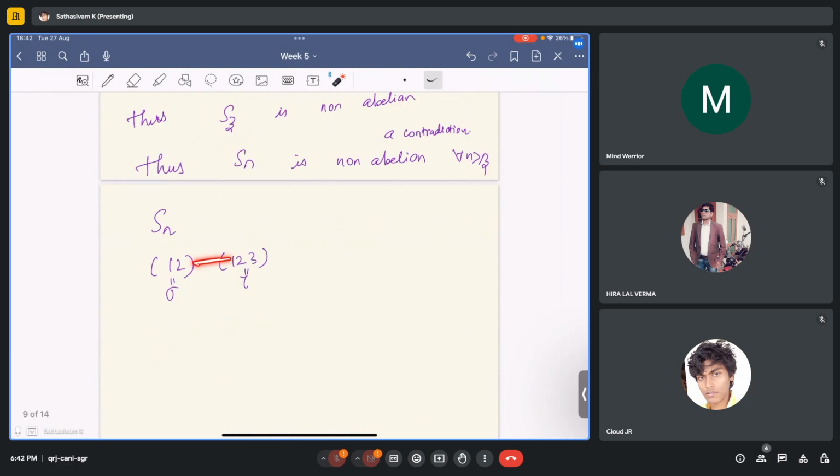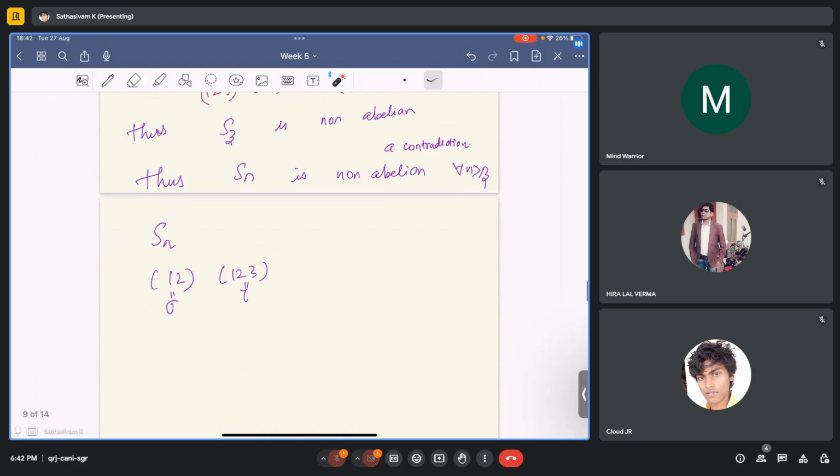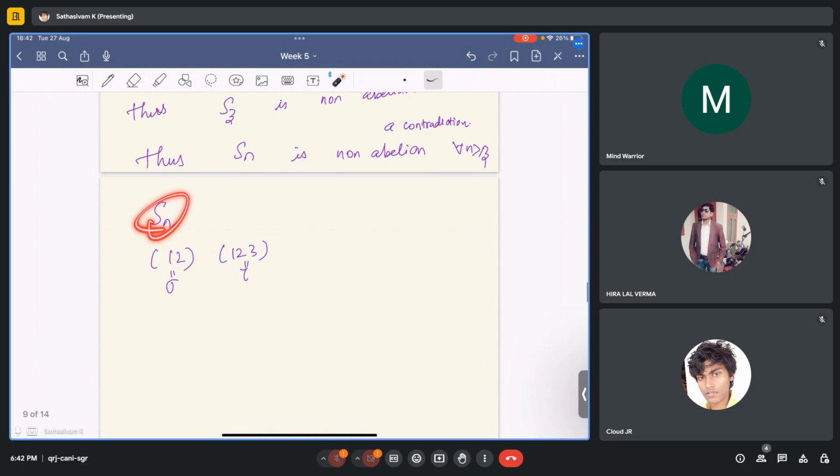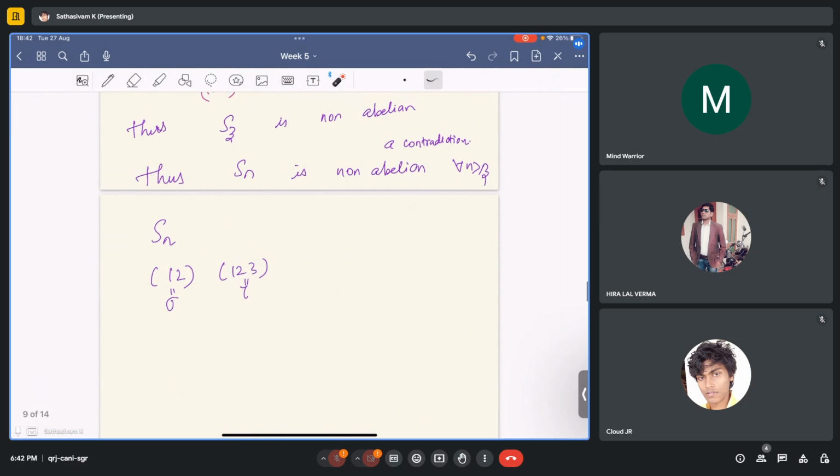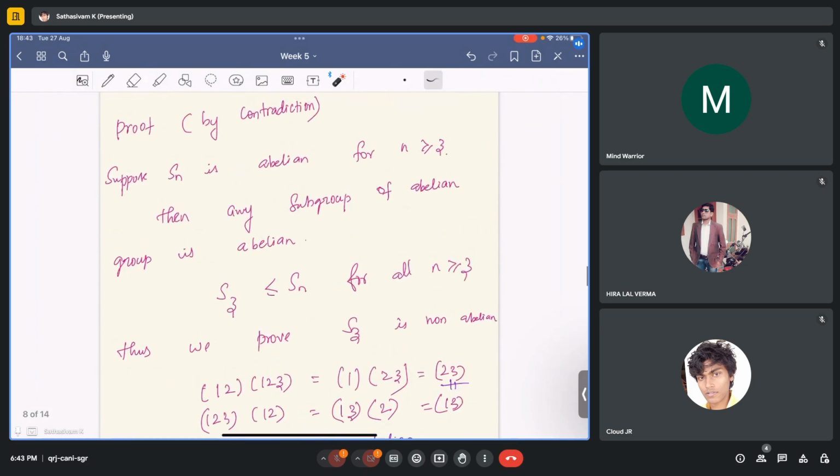All the other entries are fixed. Only 1 maps to 2 and 2 maps to 1, and every other element is fixed. So sigma and tau are elements of Sn. You multiply them and you will get the same kind of thing. So you can directly prove that Sn is non-abelian. You don't have to go by proof by contradiction. I just wrote these few lines extra, but you don't have to write them.